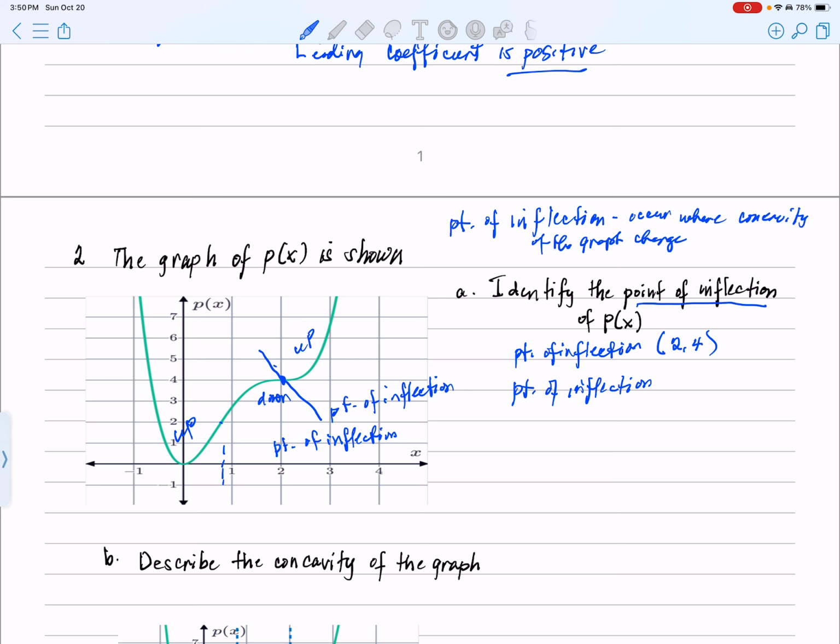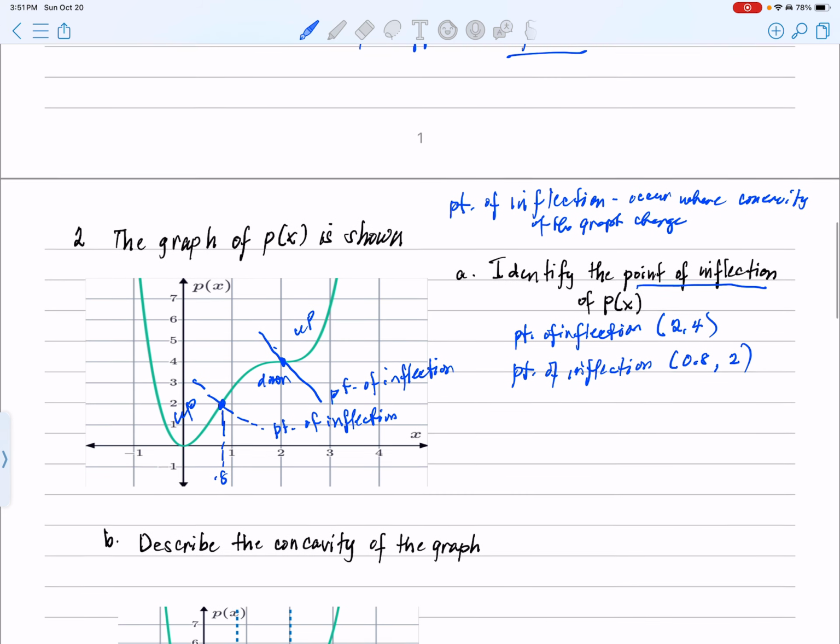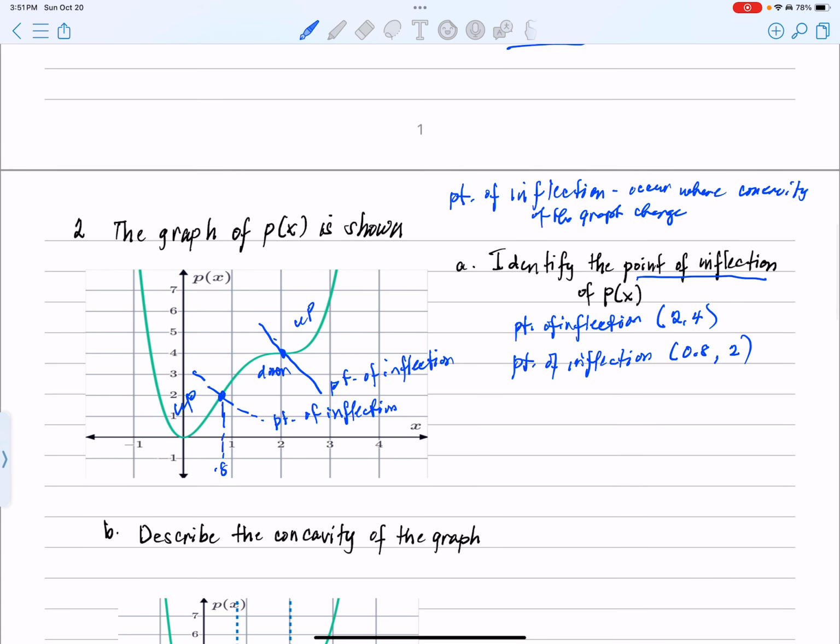I could make this point right here, because when I intersect, it goes exactly here. So that's one point of inflection. Before going to 1, I could estimate that as 0.8 in x and 2 in y. That is approximate, because I don't have the exact value of x at 0.8.